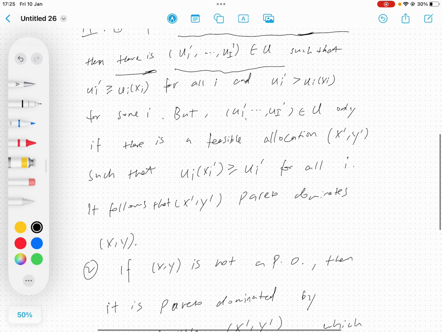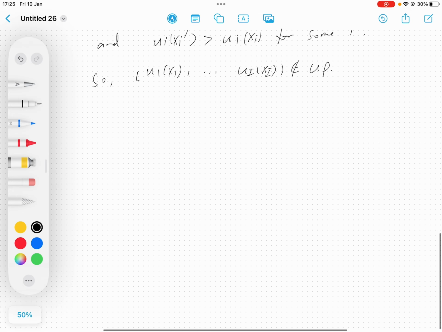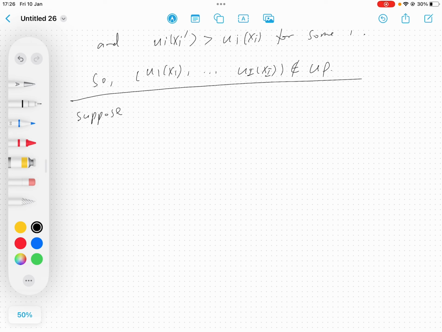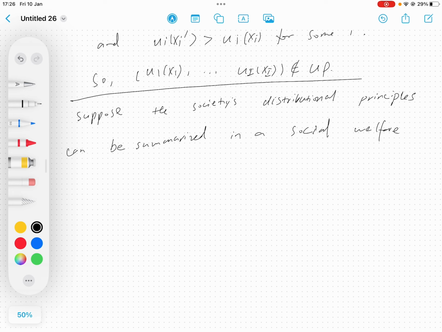Suppose that the society's distributional principles or mechanisms, more precisely, can be summarized in a social welfare function, which is denoted by this capital W.